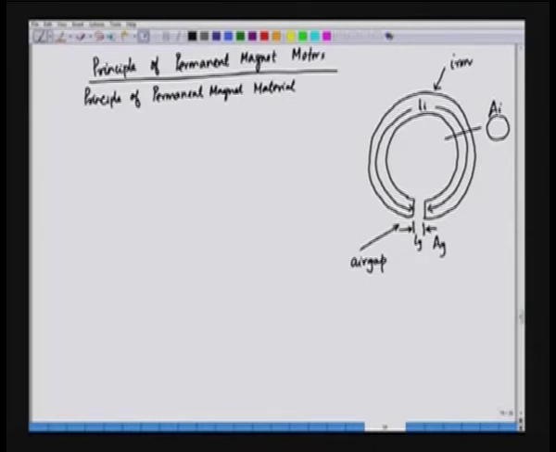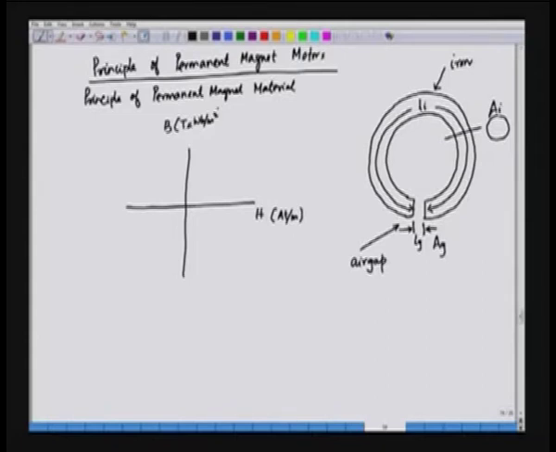So, usually when we talk about a magnetic material, they follow what is called a BH characteristic. If you see the BH characteristic of a typical material, H is the field strength, which is usually in ampere turn per meter, and the flux density is B and the unit is usually Tesla or Weber per meter square.